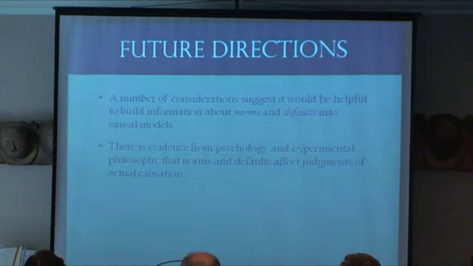There's a lot of evidence from psychology, and many of you may be surprised to know that this is a field, experimental philosophy, showing that people's judgments of actual causation are affected by norms and by defaults. You can have exactly the same example, but if you set it up so that what somebody does is abnormal, people are much more likely to judge it a cause than if it's normal.